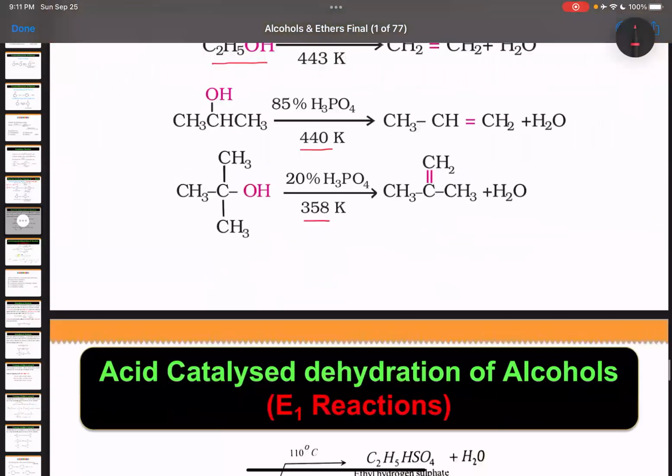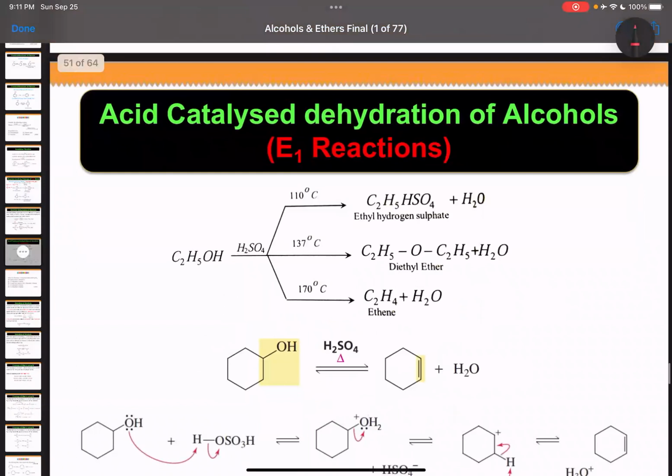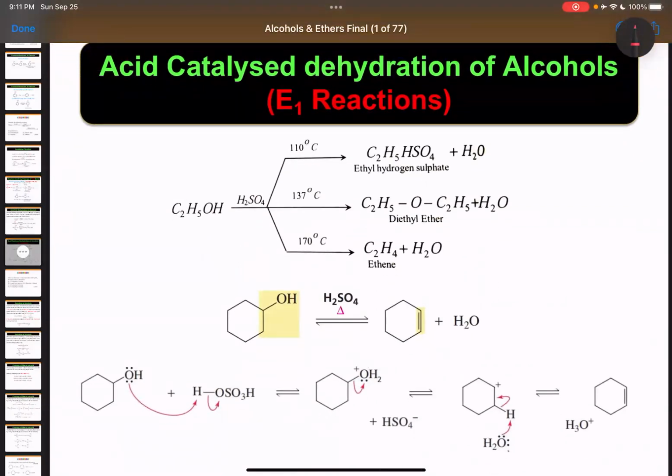Is it clear? Why is it going to come down, and what's the mechanism? Yeah, what's the mechanism?